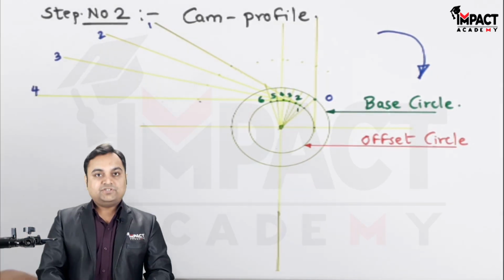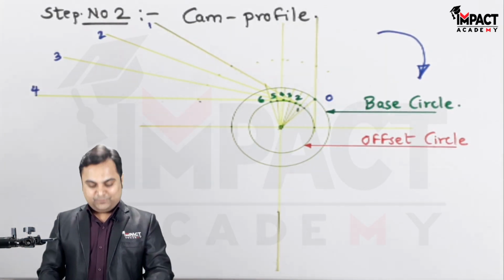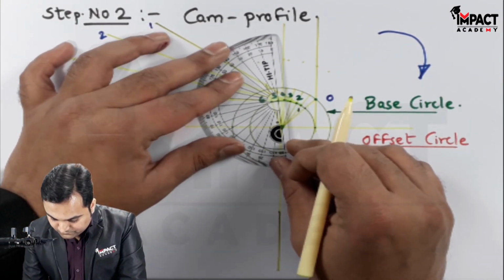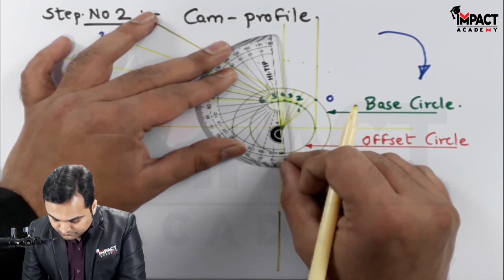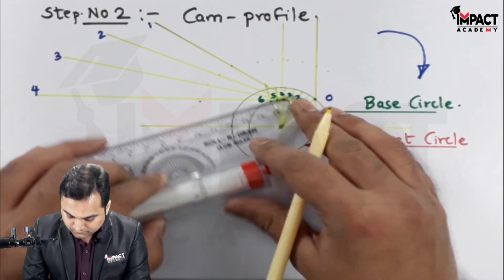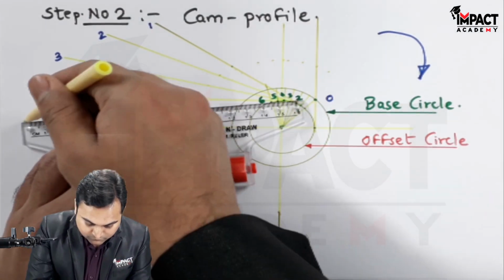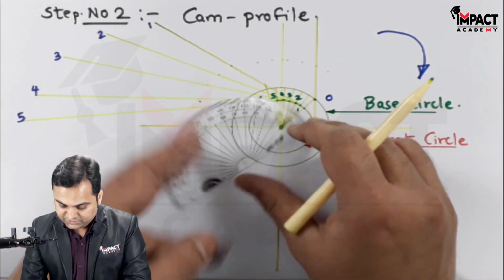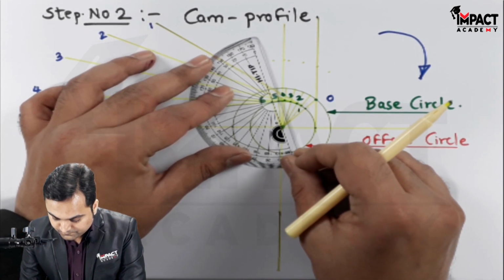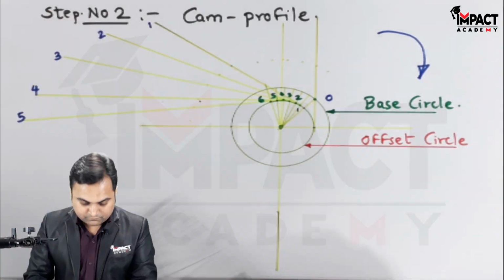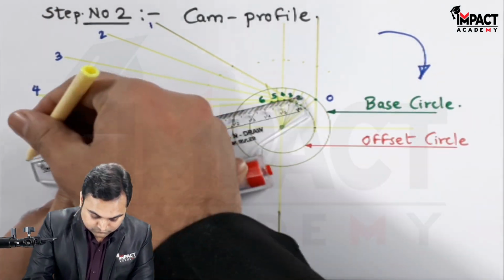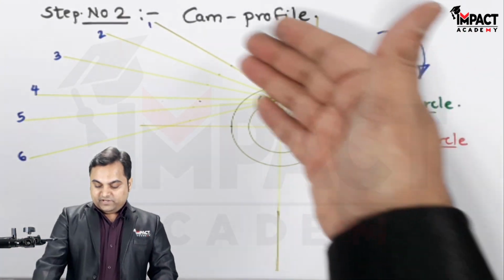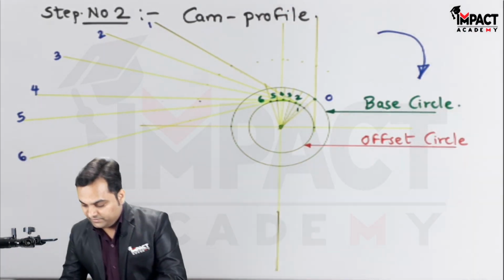Because these notations are going to help us while solving the problem. Then point 5. And point 6. So in this way we have to draw the tangents, and this was regarding the outstroke.